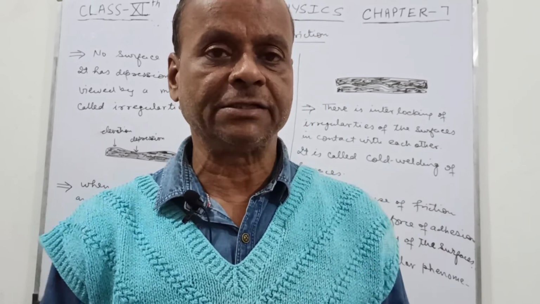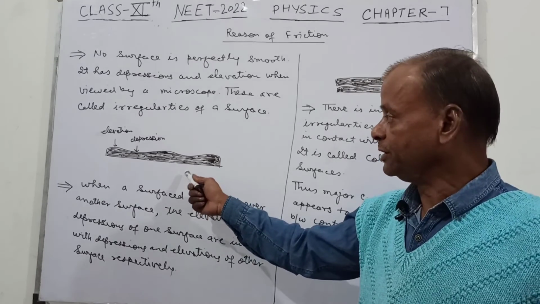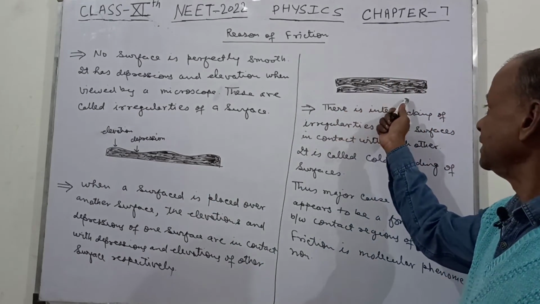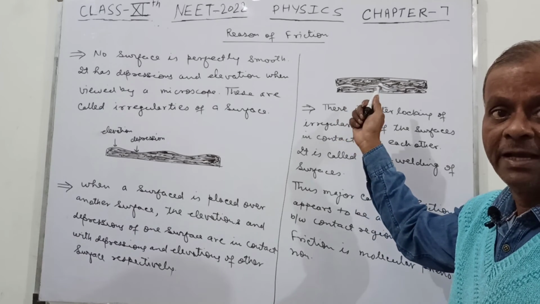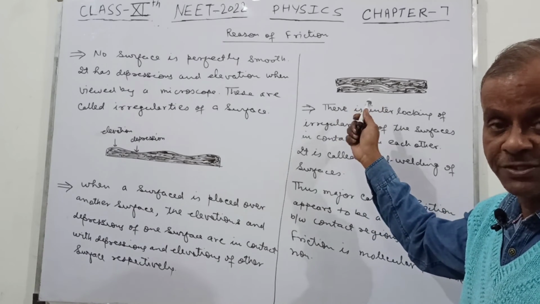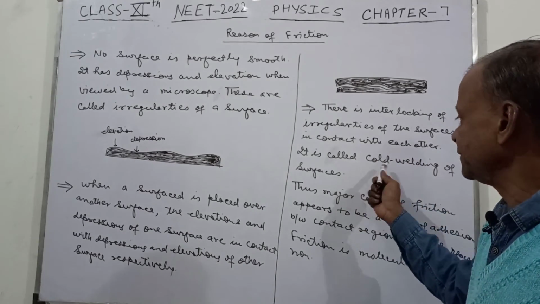Just see that this is because of the irregularities in the surfaces. When two surfaces are in contact, the irregularities of both surfaces come in contact and the two surfaces get interlocked, which is called the cold welding of the surfaces.